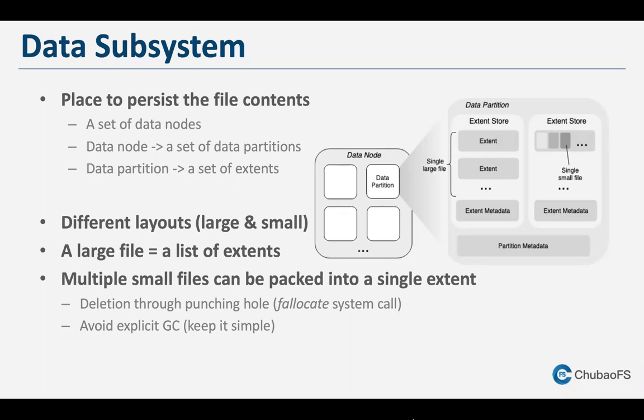We just call the fallocate system call in Linux to give a hint to the underlying Linux file system to do the deletion when we want to delete small files. In this way, we avoid explicit GC and keep the file system itself simple.